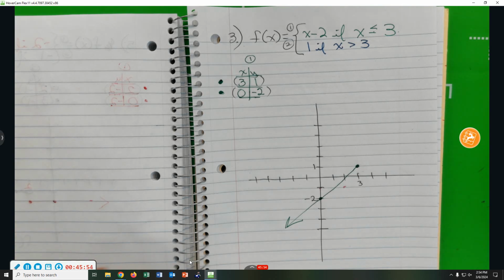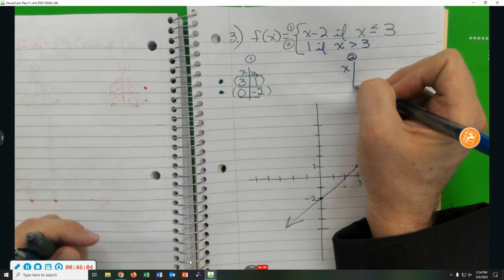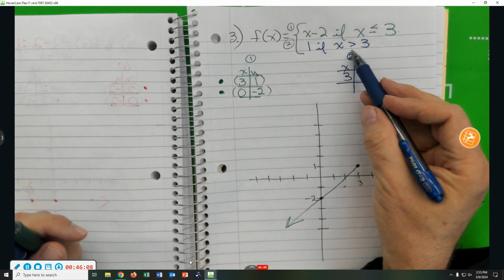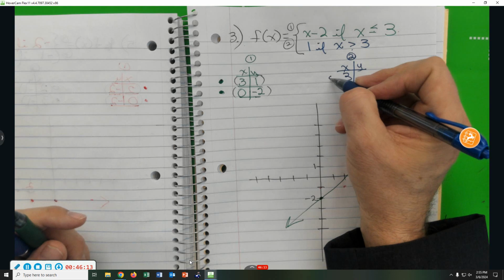Now, any questions there? Now the blue piece. What's the first number I must use for x? 3. It's a cut point. Will it be open or closed? It's going to be open.